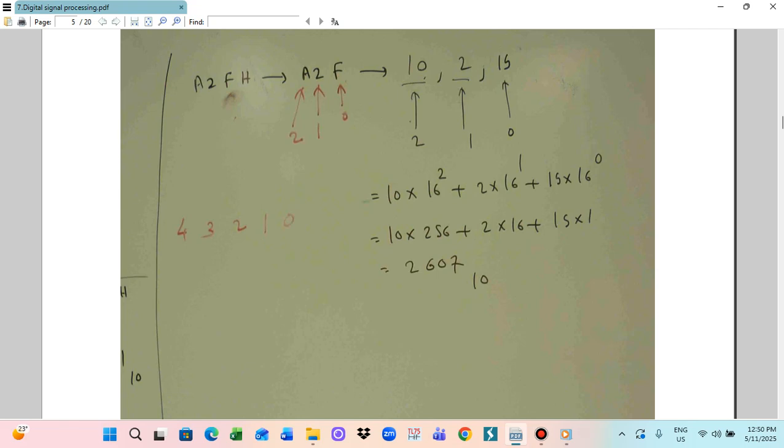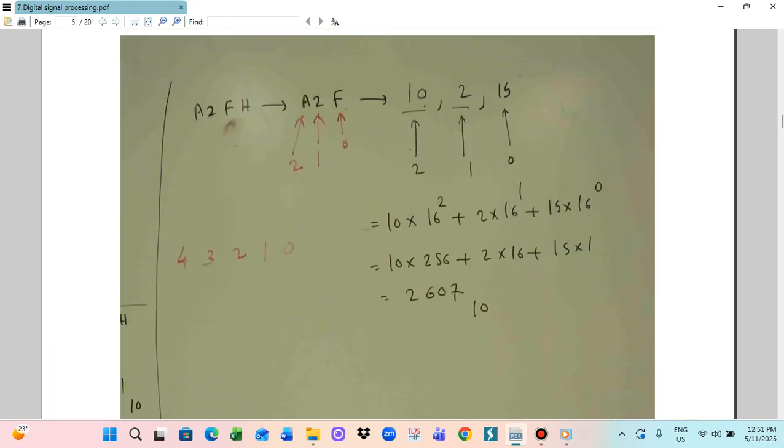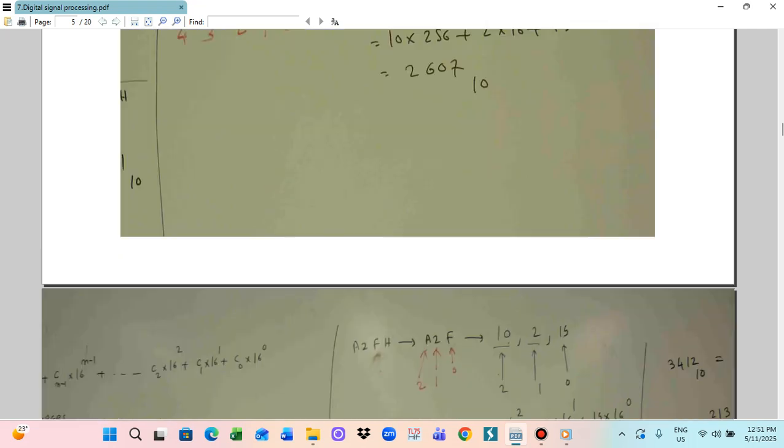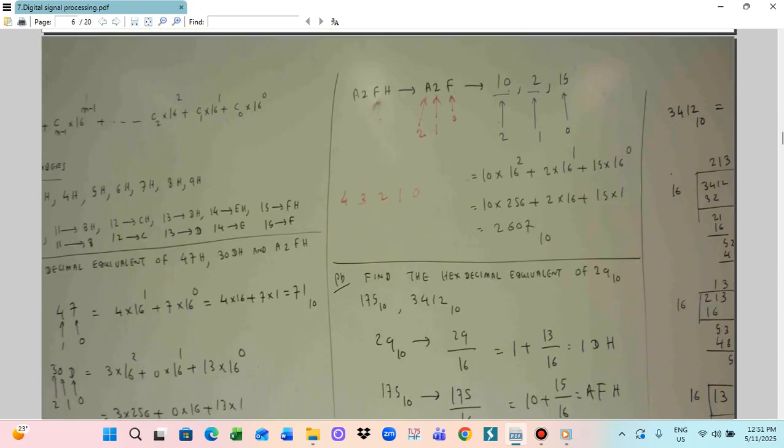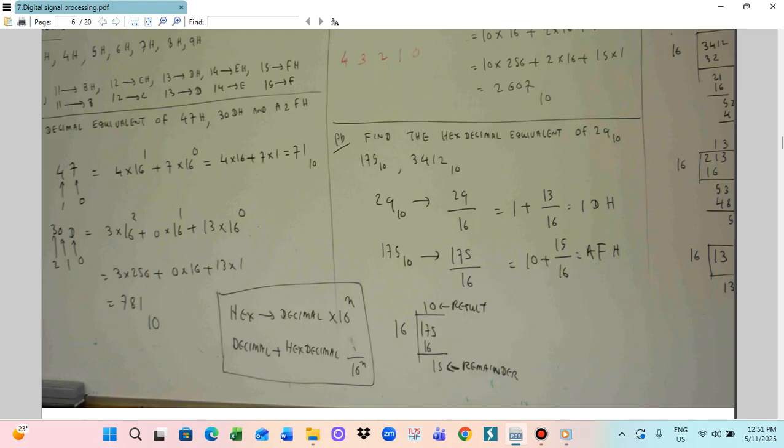So hexadecimal to decimal, you have to multiply with 16 power n, and decimal to hexadecimal, you have to divide by 16 power n.